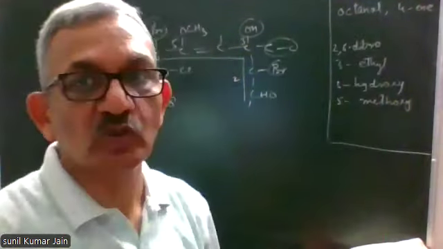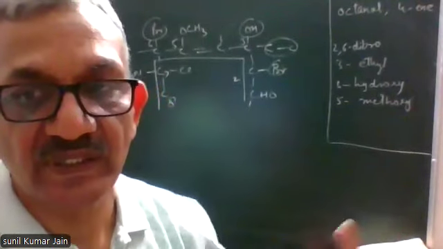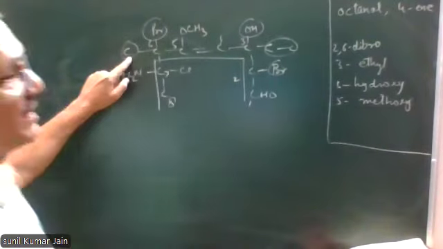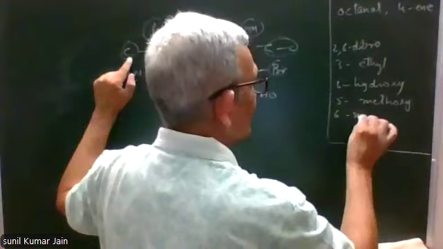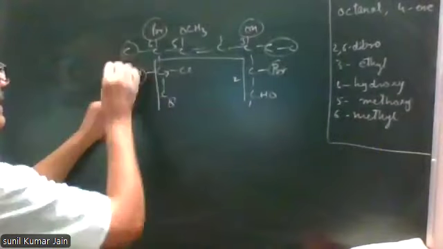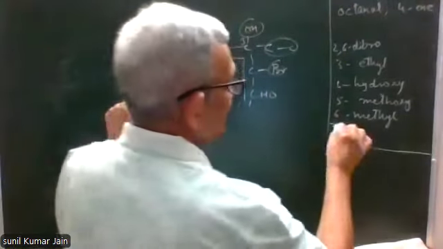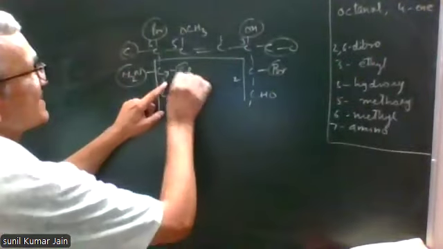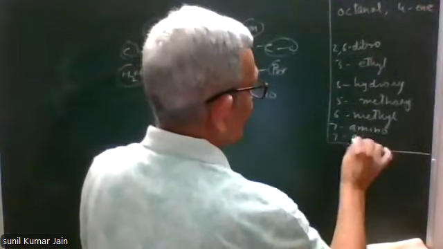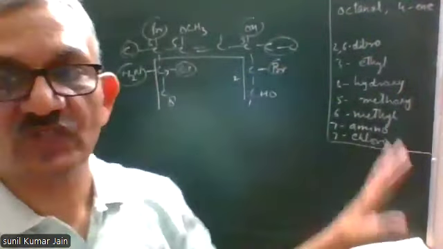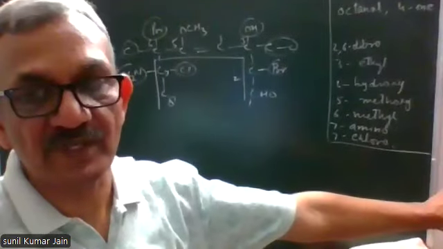And since there are 2 bromine atoms, I'll use the prefix di, 2,6-dibromo. At 6, there's methyl. At 7, this is amino. At 7, there is chloro. So these are prefixes for all remaining substituents.